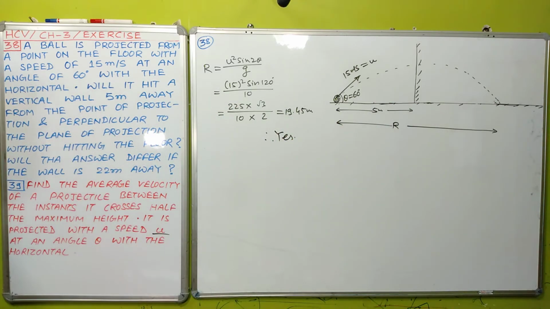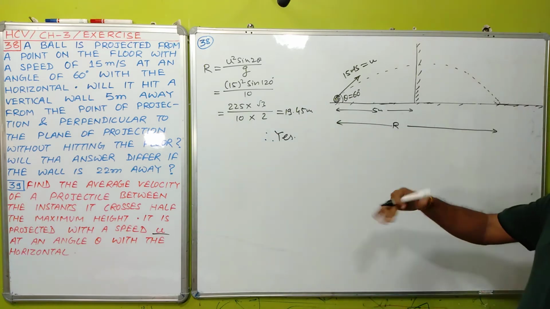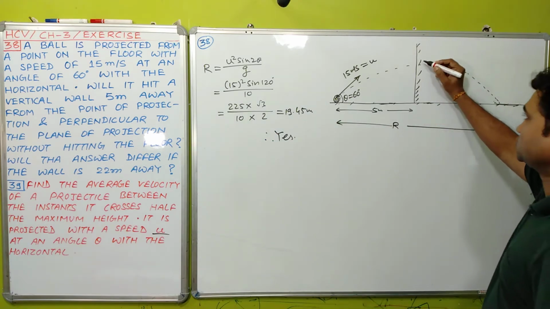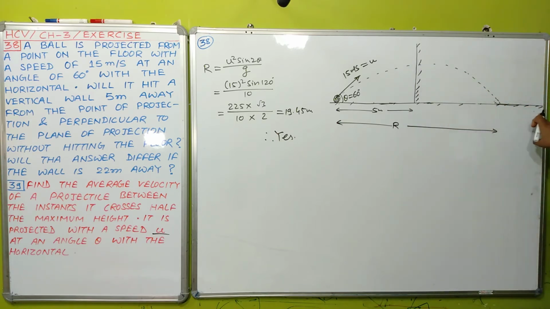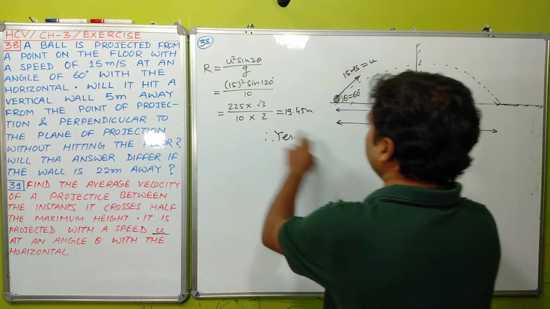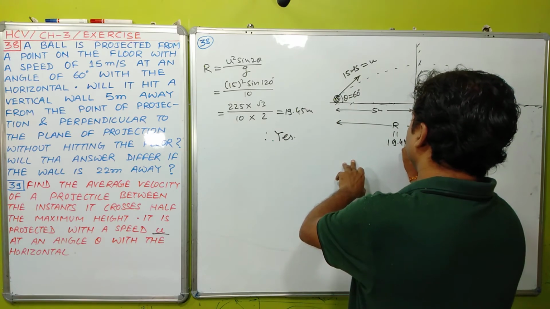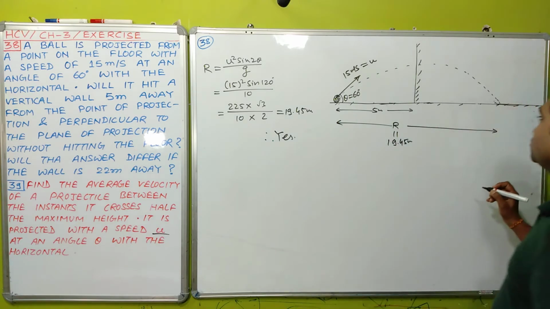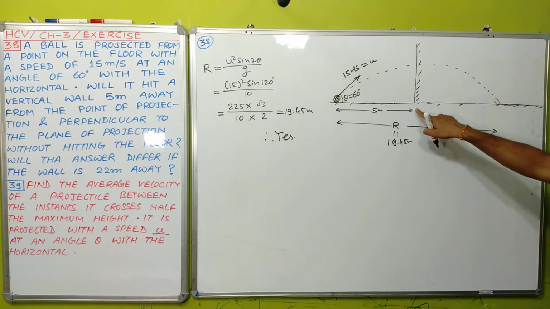Okay, student, now the question is further saying, will the answer differ if the wall is 22 meter away? Suppose now for the next part of this question, the wall would be at 22 meter away, and the value of R we have calculated is 19.45 meter.